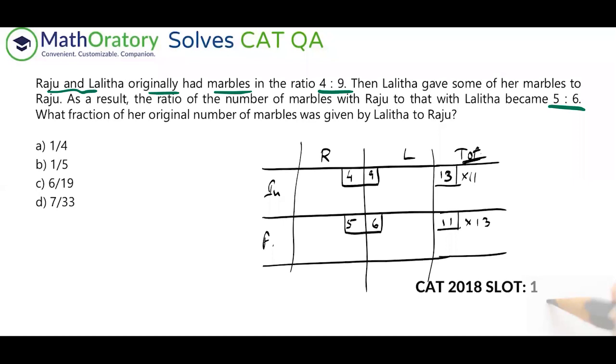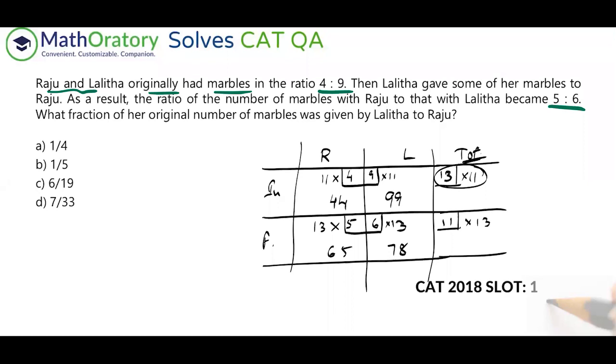Because you're multiplying 11 here, essentially you have to multiply 11 to both of these numbers, right? That is how I can multiply 11 to the total. There is no other way I can multiply 11 to the total suddenly. Similarly, if I'm multiplying 13 here, I should multiply 13 to both these numbers, right? So just do that. What are the numbers we are getting? This is 44 now, this is 99 now, this is 65 and this is 78, right?